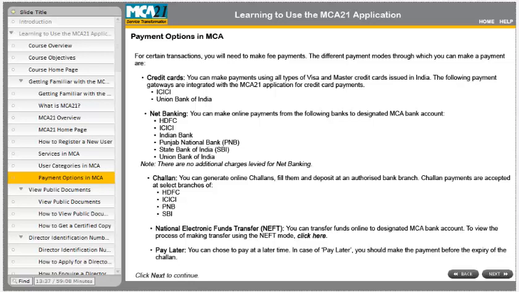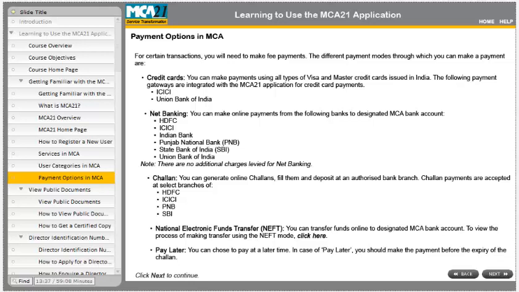Note: there are no additional charges levied for net banking. Challan. You can generate online challans, fill them, and deposit at an authorized bank branch. Challan payments are accepted at select branches of HDFC, ICICI, PNB, SBI.